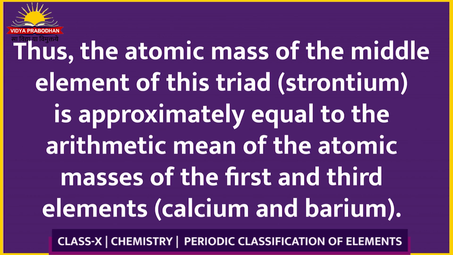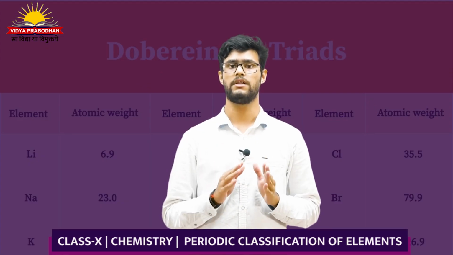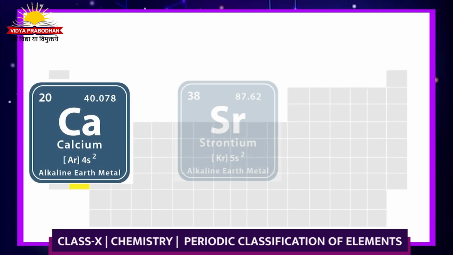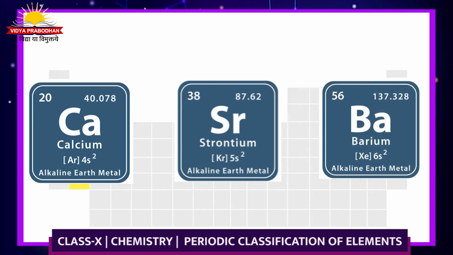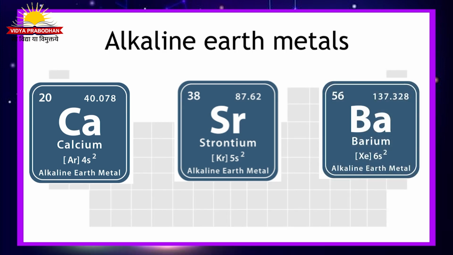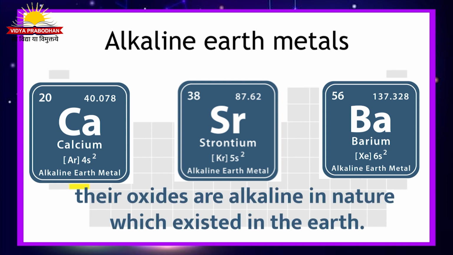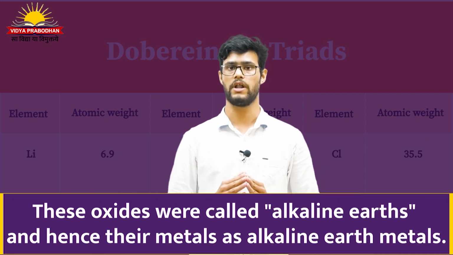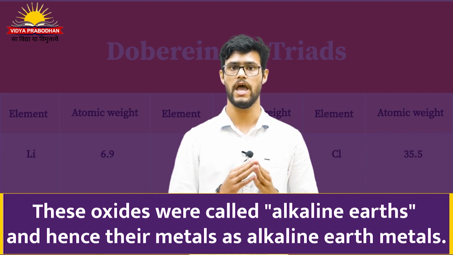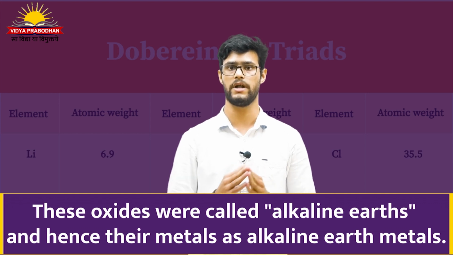Thus, the atomic mass of strontium is approximately equal to the arithmetic mean of the atomic masses of calcium and barium. Please remember that calcium, strontium and barium are called alkaline earth metals because their oxides are alkaline in nature and exist in the earth. These oxides were called alkaline earths and hence the metals are alkaline earth metals.